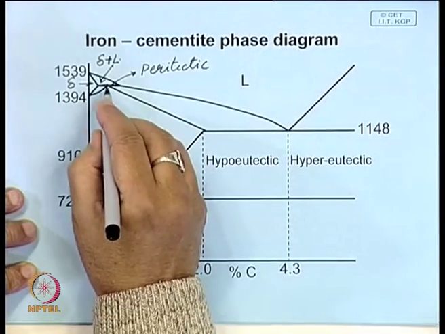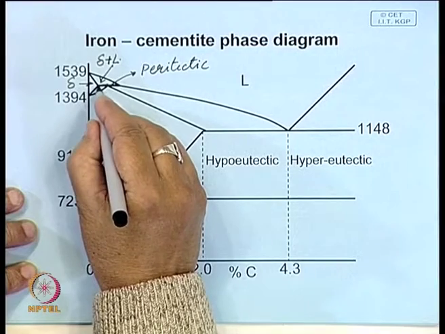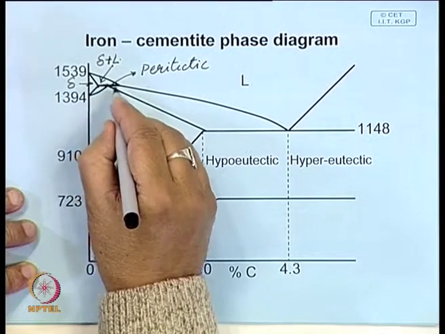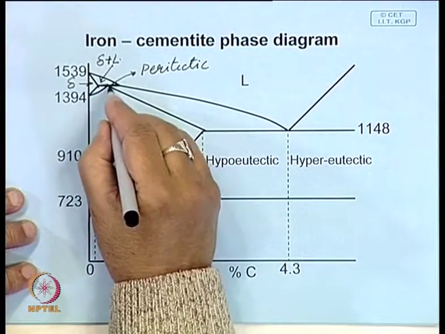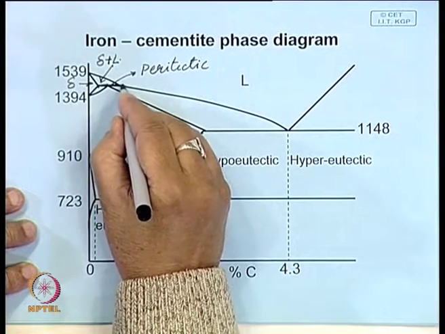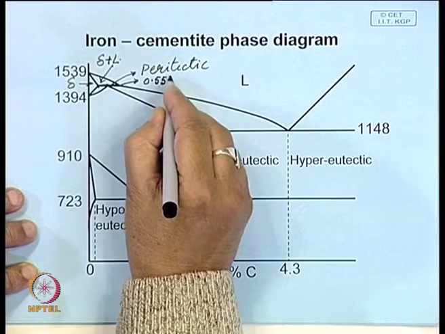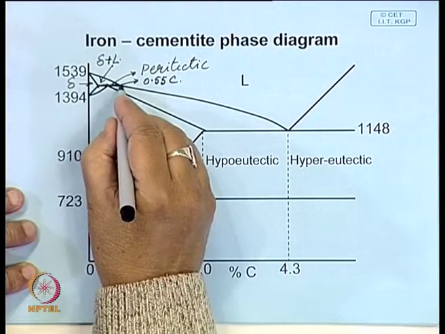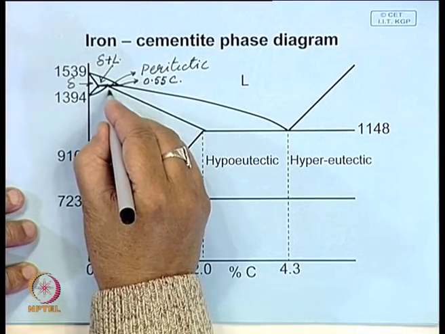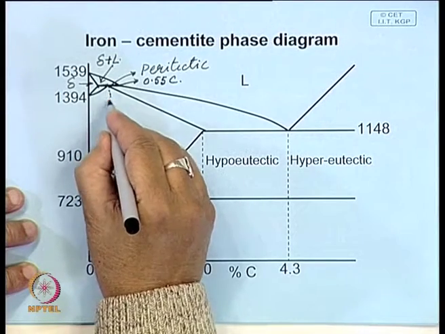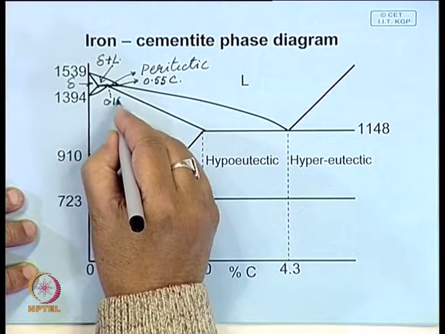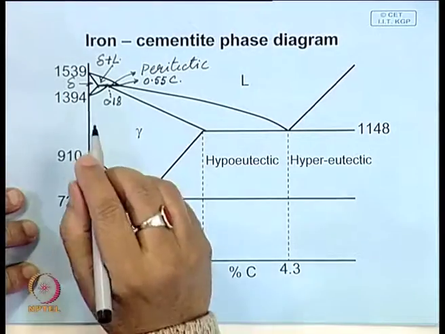Here this is 0.08% carbon, and then this reacts with liquid, which has, let us say, 0.55% carbon, and then it gives austenite of this composition, which has 0.18% carbon.